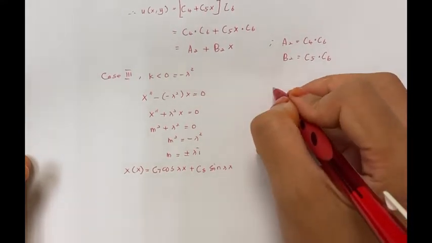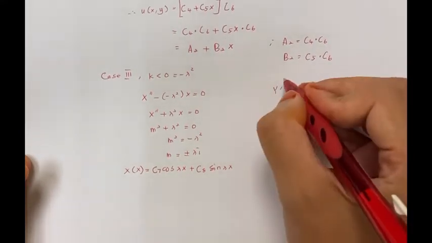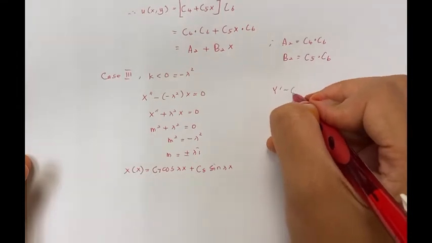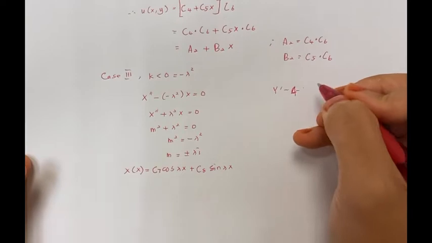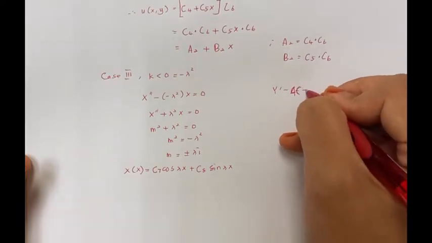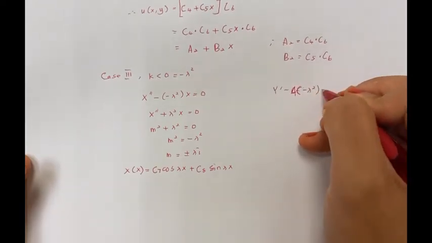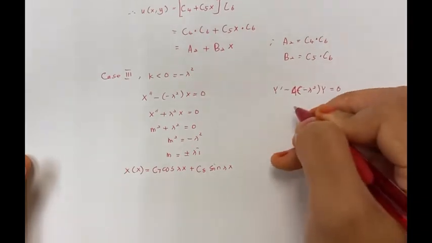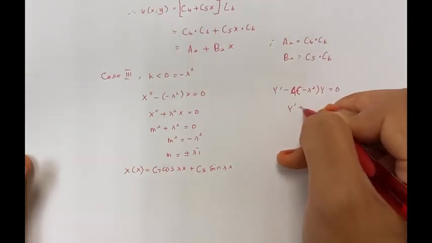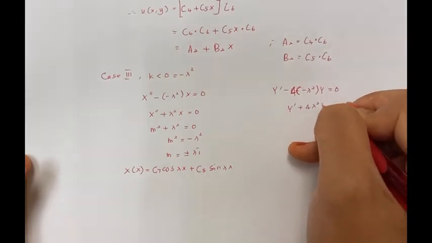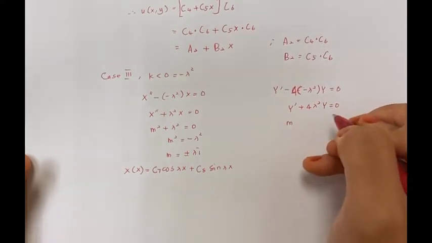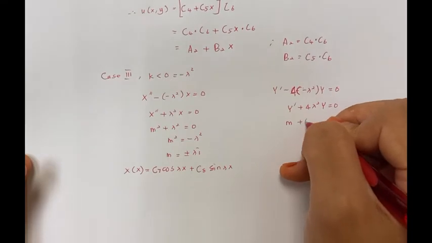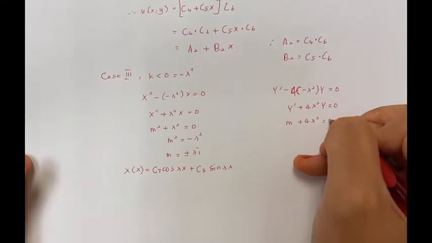And for the y prime minus 4K, K is negative lambda square, y equal to 0. So y prime plus 4 lambda square y equal to 0. Characteristic equation is m plus 4 lambda square equal to 0.